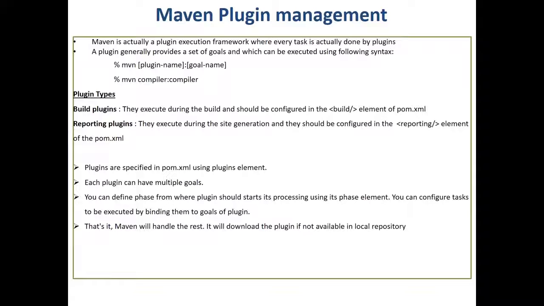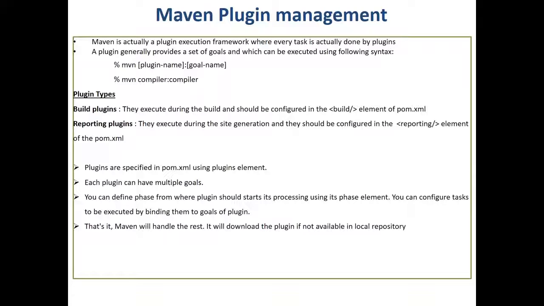All the default phases of Maven's lifecycle will internally call a plugin, right? So everything is going to be a part of a plugin. Pretty much when you're working on Maven, more than 95% of the plugins that you're going to use will be of the type build plugin only.